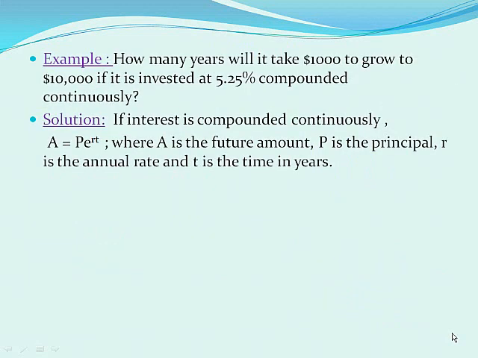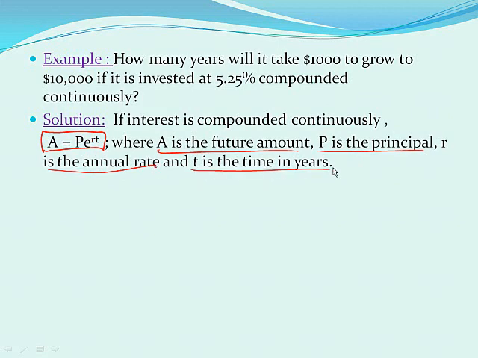And here is our last example. How many years will it take 1,000 to grow to 10,000 if it is invested at 5.25% compounded continuously? If the interest is compounded continuously, we need to use this formula, A equal to P multiplied with e to the power rt, where A is the future value, P is the principal or the deposit amount, r is the annual rate in decimals, and t is the number of years.